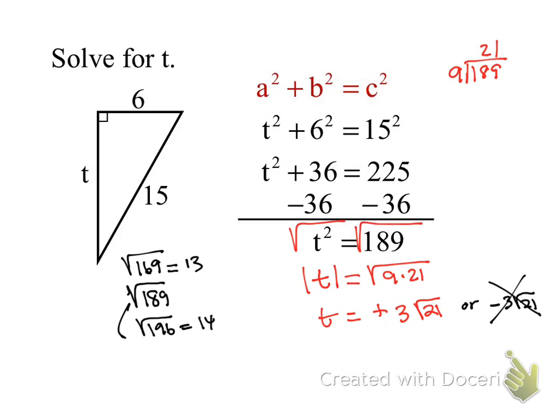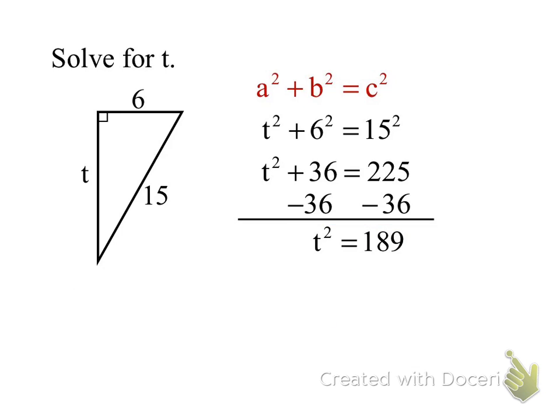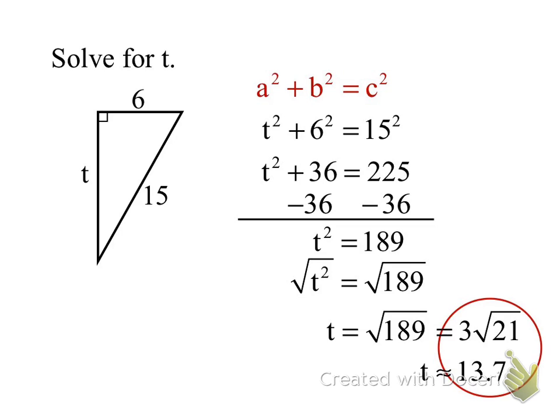This is 7 digits, and this is 10 digits. I like 13.7. T is about, you have to use this, 13.7 units. Oh yeah, this is 20. You're right. 13.7. I guessed 13.8 earlier, and I was correct.